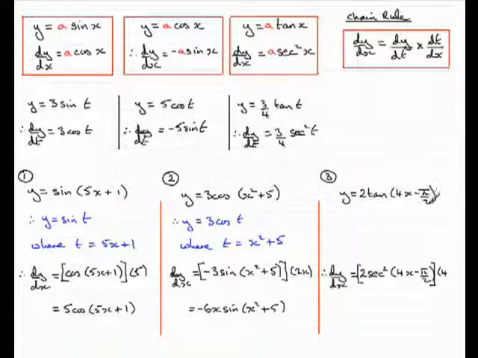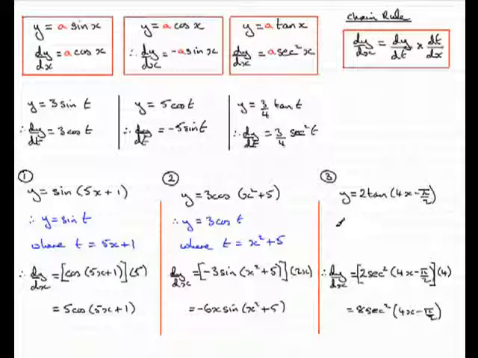Now minus pi upon 2 is a constant, so that goes to 0. So we're just left with 4. Tidy this up and what we've got is 8 sec squared of 4x minus pi upon 2. So that's how I would do it if I was not writing down my thoughts, okay?